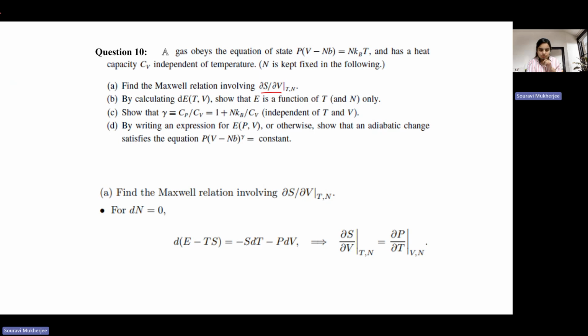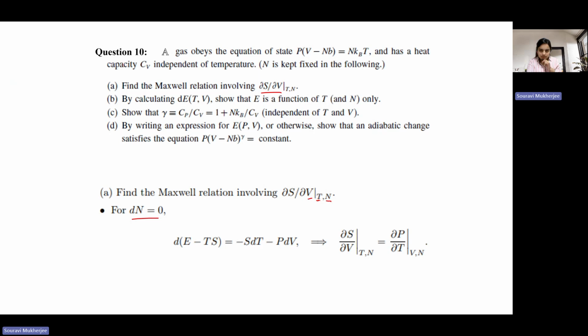Okay, so you can start with the Helmholtz free energy, and it has a form like this, right? See, because N is constant, you have taken dN to be 0. Okay, so then there are two variables in your picture, right? You are doing a derivative with respect to V. So V is one independent variable, and the other one which remains constant during the partial derivative is temperature, right?